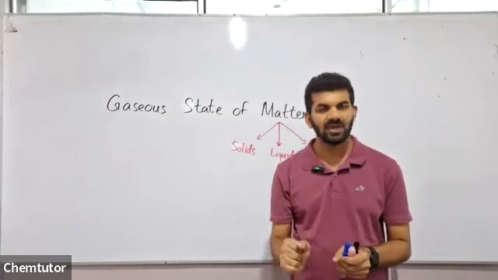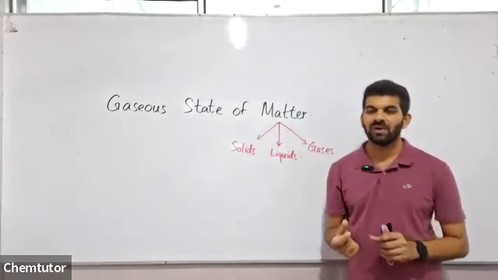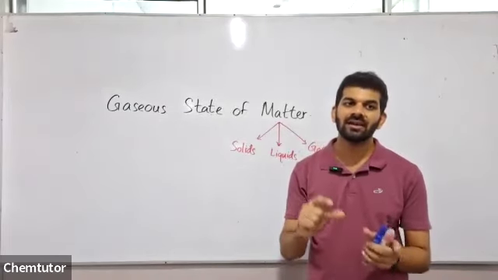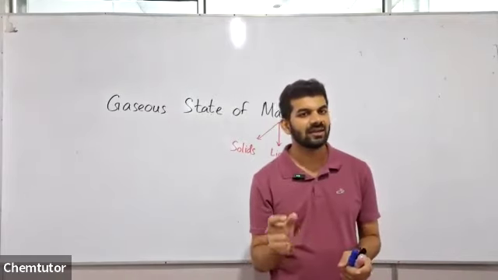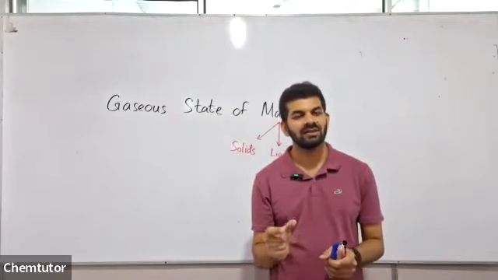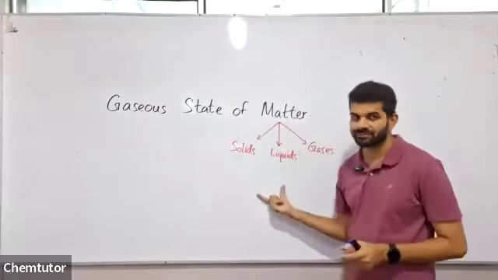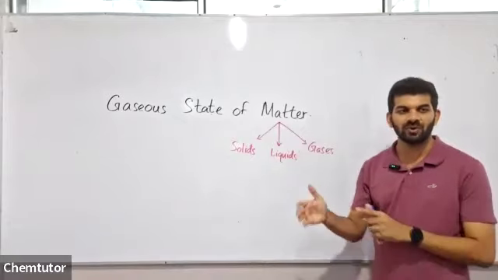Is it clear? In liquids also, the particles are tightly packed, but they are in a random arrangement, not an orderly arrangement like solids. In solids, the particles are in an orderly arrangement. I think you have learned this already. In liquids, they are randomly arranged, so they are easy to move and easy to flow.